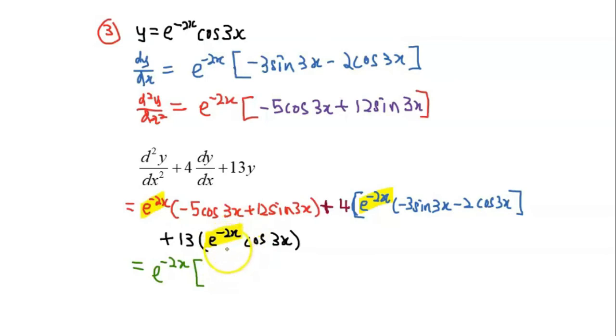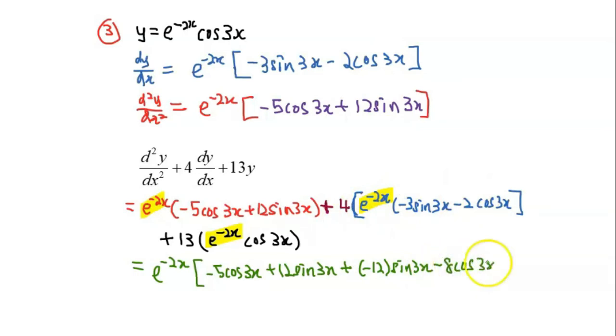Then, the remaining factors are negative 5 cos 3x plus 12 sin 3x from the first part, then plus 4 times negative 3, which becomes negative 12 sin 3x, and 4 times negative 2, which becomes negative 8 cos 3x. This is from the second part.